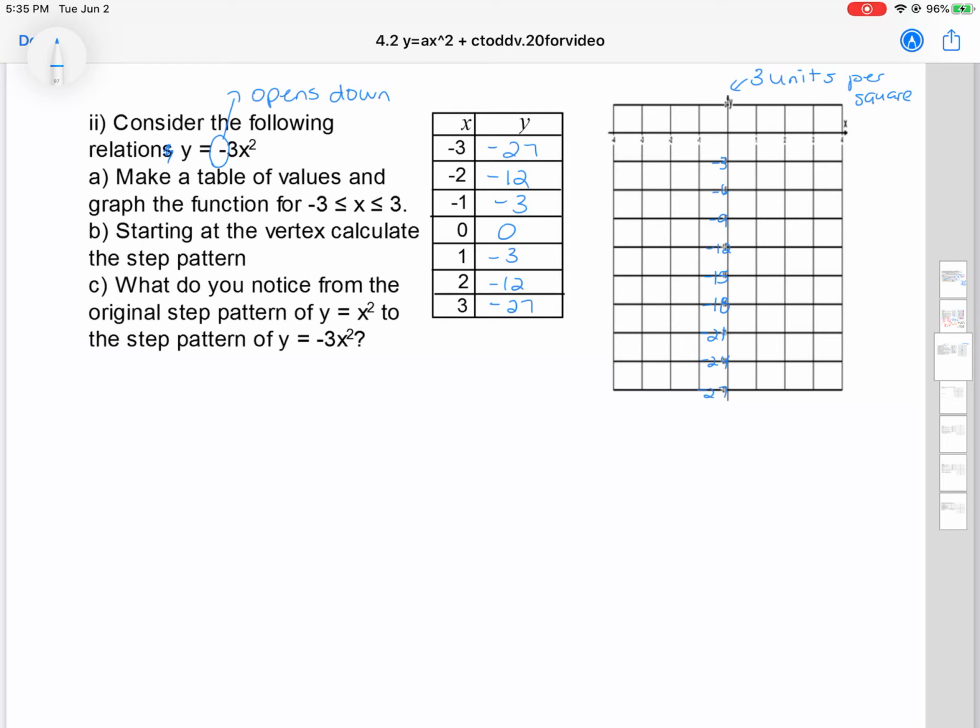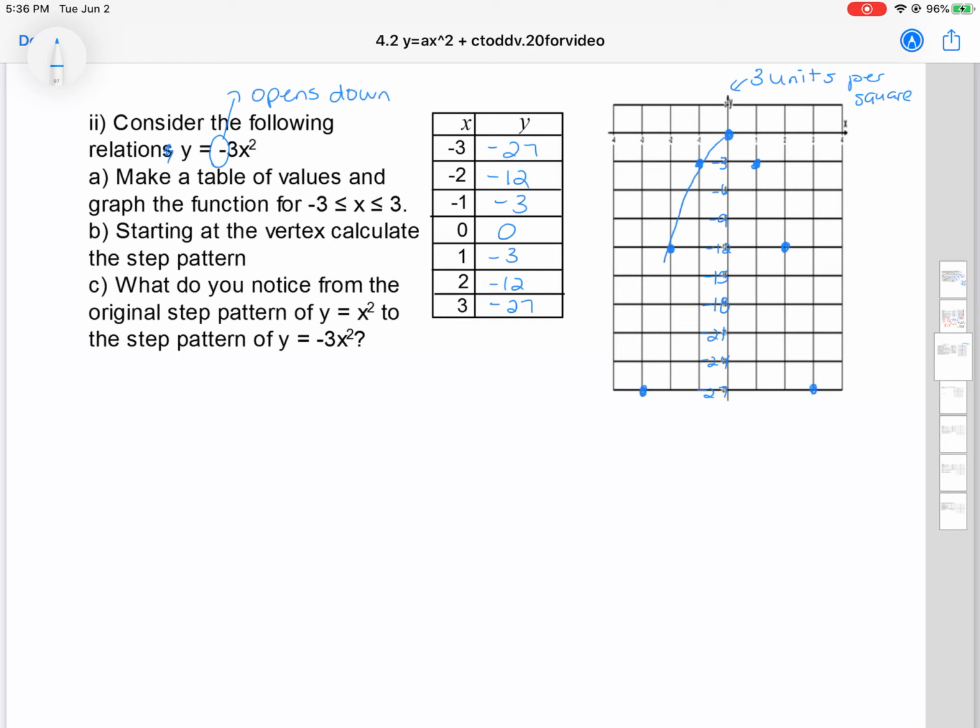If that is hard to see on your grid, either get some graph paper, make a new grid, or write them in there. So we're going to do negative 3, negative 27, negative 2, negative 12, negative 1, negative 3, again seeing the symmetry, positive 2, negative 12, positive 3, negative 27.